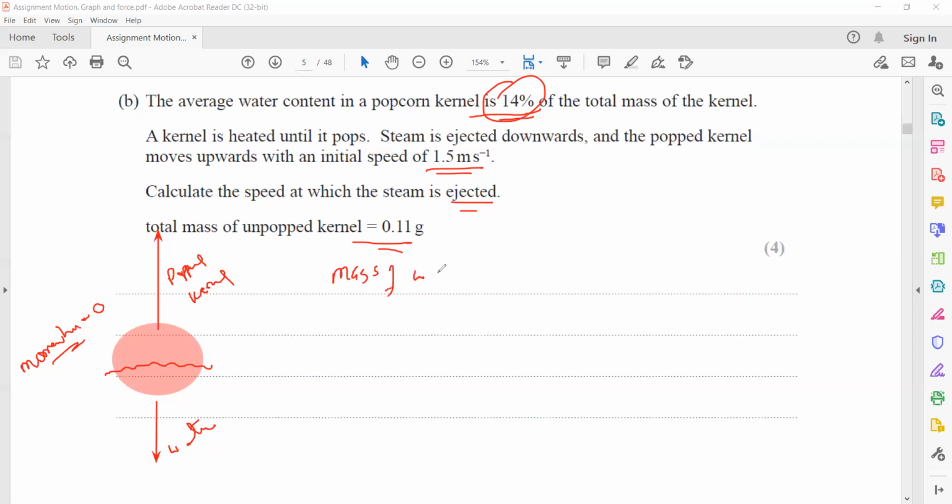So mass of water, or H2O, will be 14% of 0.11. So it will be 0.11 grams multiplied by 14 divided by 100, which equals 0.0154.